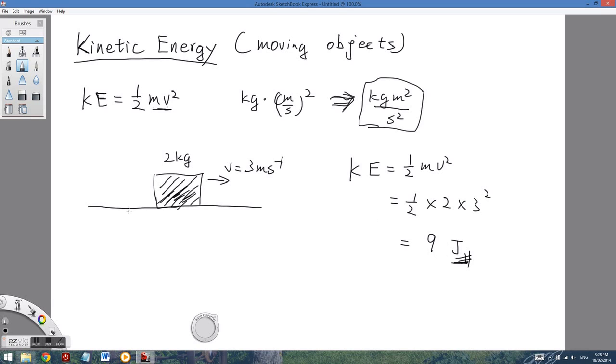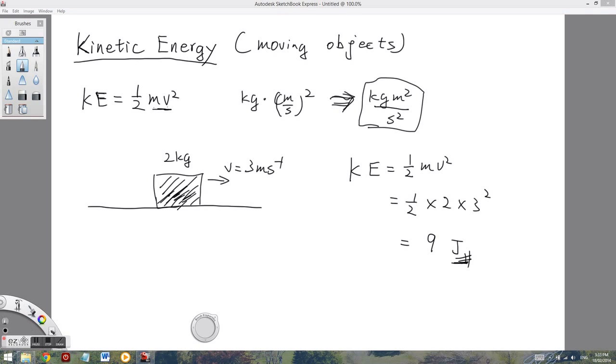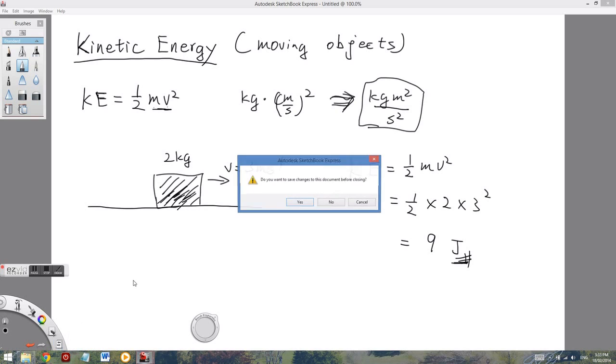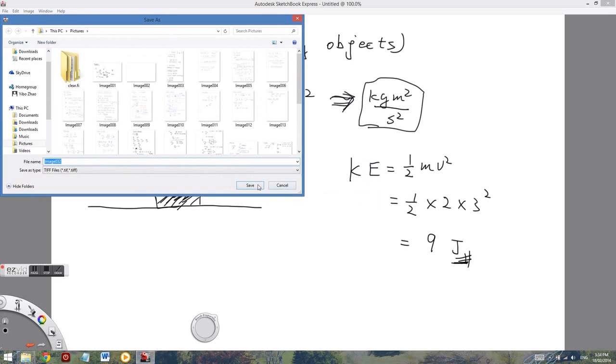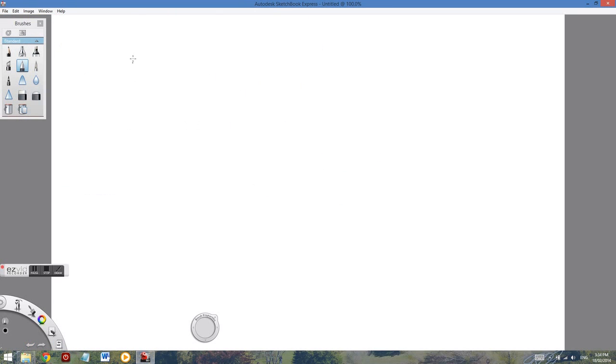Okay, now there's another type of energy. We call it gravitational potential energy.